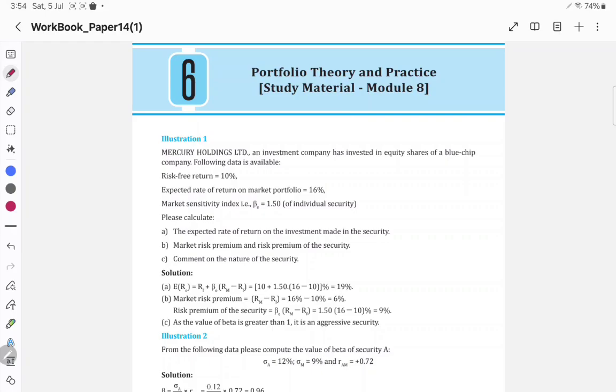Today I am going to start with the chapter known as portfolio, which is one of the most important and most weighted chapters of CMA Final in your SFM. I would suggest you initially start with this chapter for your practice, because it is a chapter from which almost 25-30 marks of questions come in your exams, so it is better to start with a chapter which has major coverage.